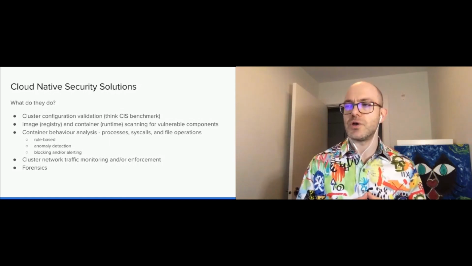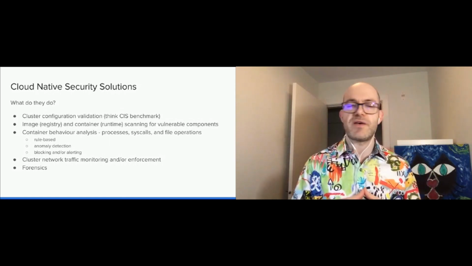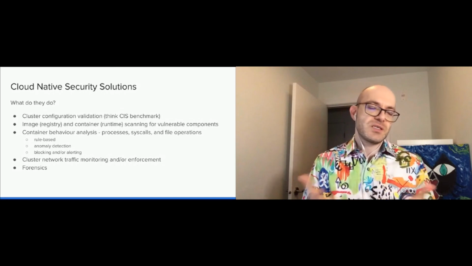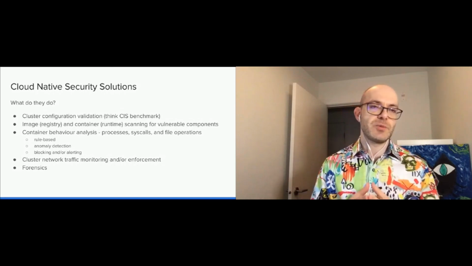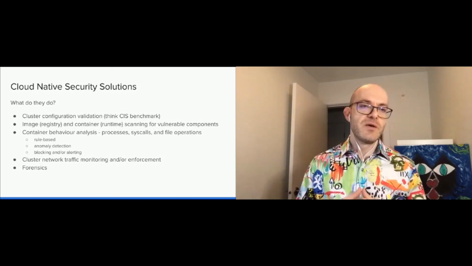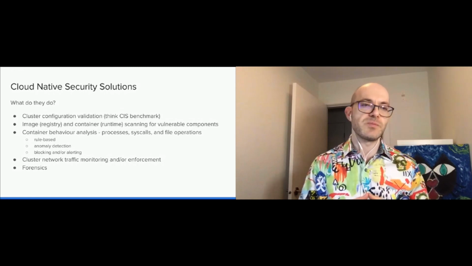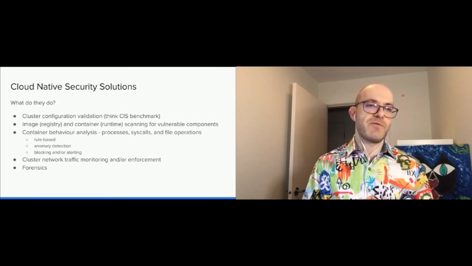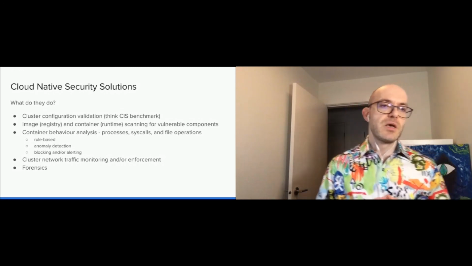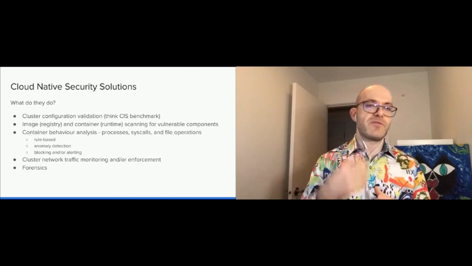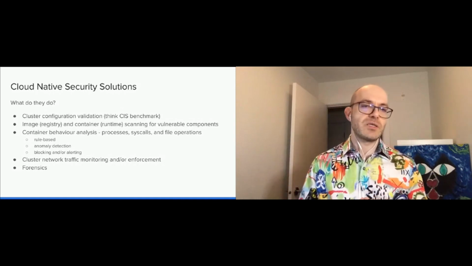Some of the solutions also give you that cluster level network traffic control. This is basically very similar to network policies. My personal view is that you should rather use network policies because it's the native Kubernetes way of applying this mechanism. And they also usually have forensics capabilities, meaning that they allow you to extract forensics data out of compromised containers.